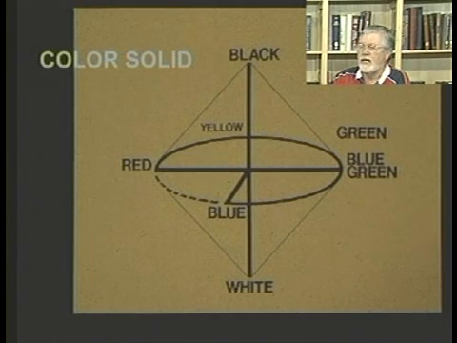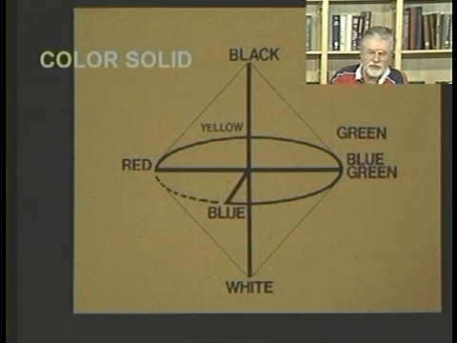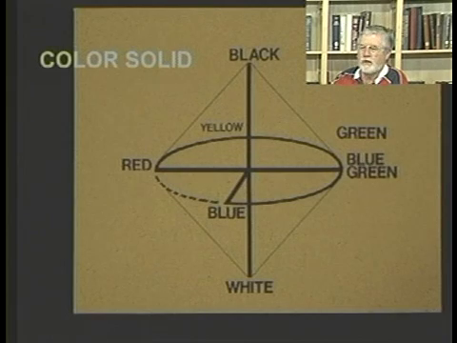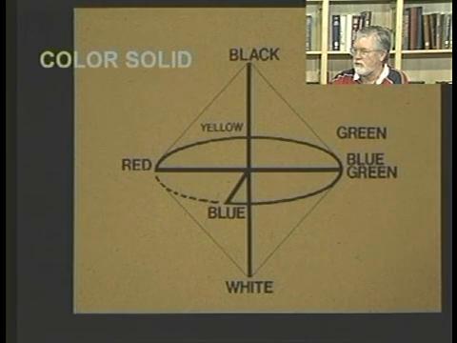Now, let's look at what is called the color solid. This is a device that's really used only in introductory psychology, but I think it's very helpful in kind of laying out what the dimensions are of the total spectrum of light that we're going to be dealing with, and the various visual characteristics that we have here. The color solid actually represents all three of the dimensions of ways in which the physical characteristics of light can actually change.